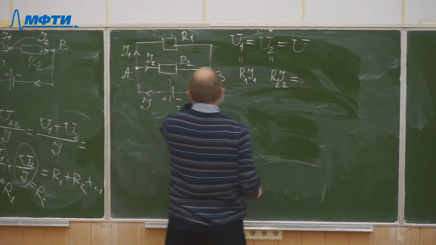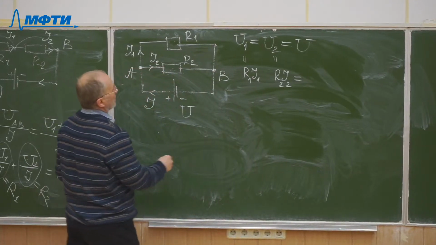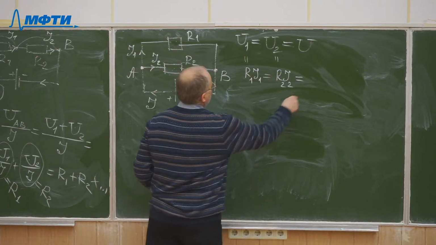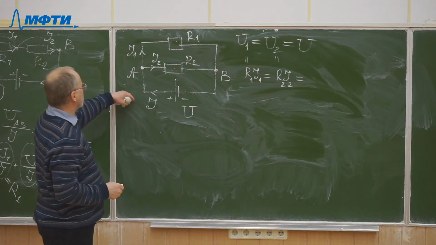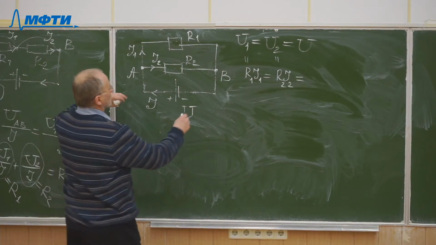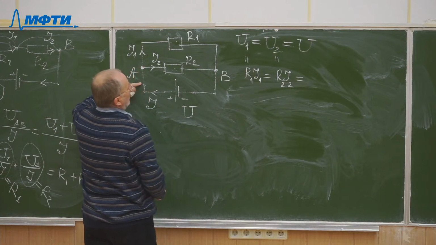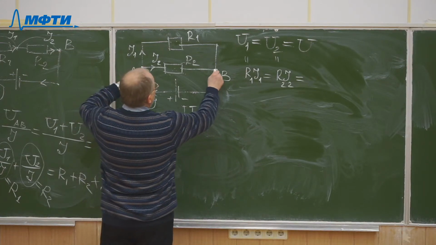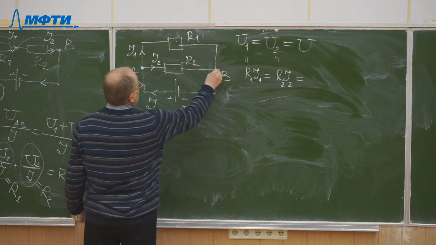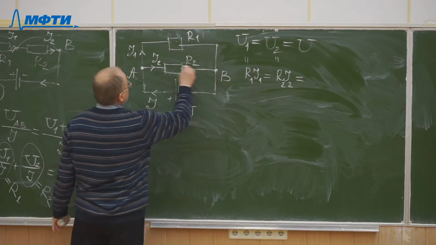And certainly one potential difference equals the other, and all this will be equal to the total potential difference and somehow related to the total resistance between these 2 points.